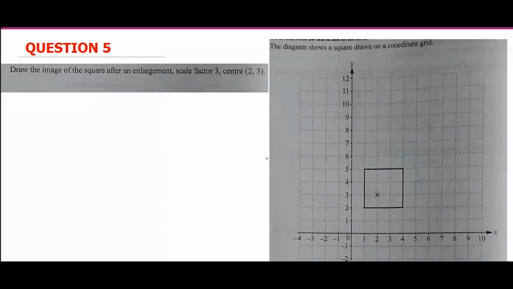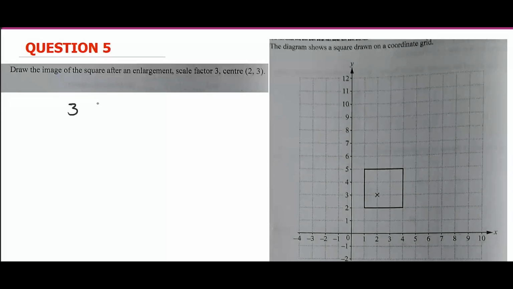So the center of enlargement is given as (2, 3), where x equals 2 and y equals 3, and that has been marked in green as this point x here. And the scale factor given here is 3.